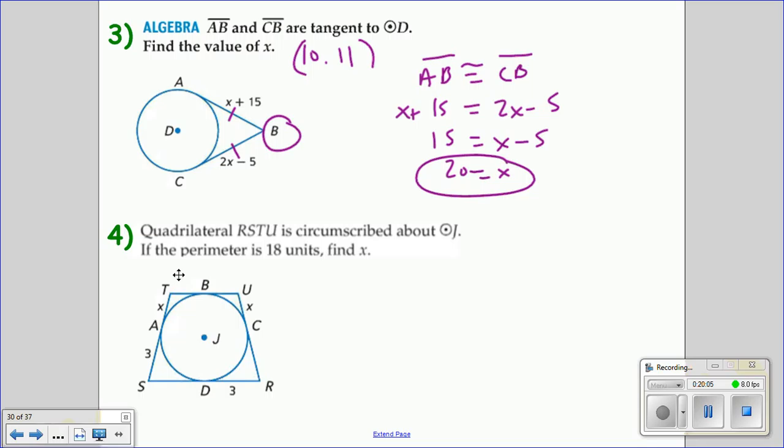We know that TS is tangent to circle J. And we know SR is also tangent to circle J. Or SA is tangent to circle J, and SD is tangent to circle J. So these two are going to be congruent because they meet at the same point.